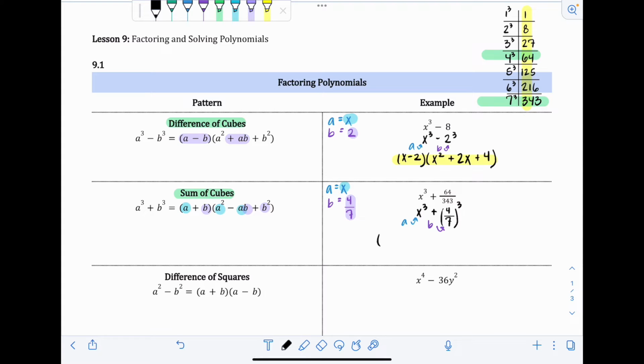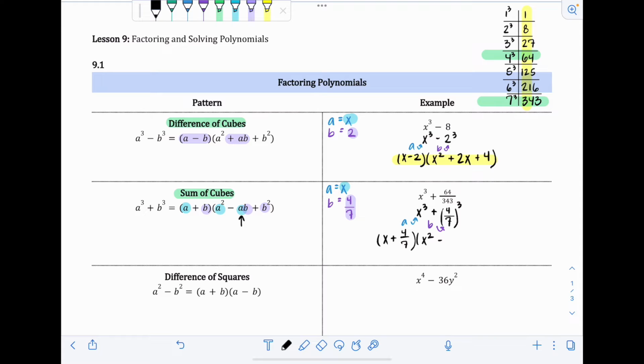Okay, so first is A plus B, so that would be x plus 4 sevenths. And then on to the second parentheses, first is a squared, so it'd be x squared. And then minus a times b, but we usually put the number in front.